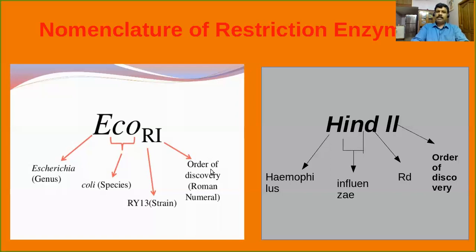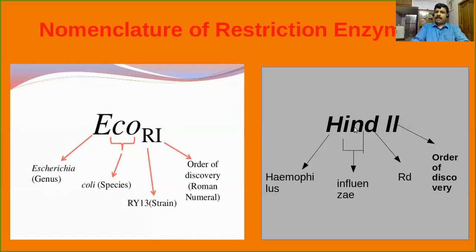Is it clear? This is called HindII. The HindII enzyme is obtained from a bacterium called Haemophilus influenzae. So you can identify how the nomenclature occurs. The first letter came from the genus name of the bacterium.